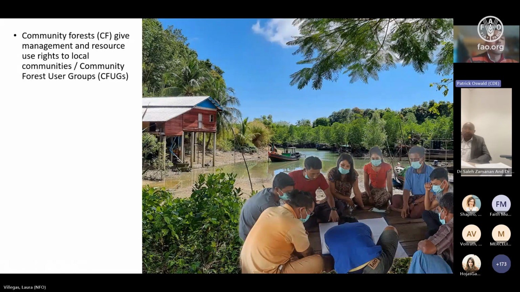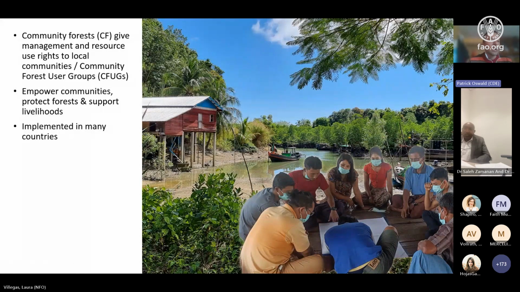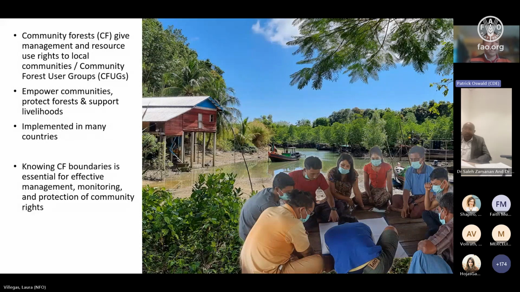So basically, for those who don't know what community forests are, community forests in a nutshell are an instrument where local communities are granted resource use rights and management rights over the local forest areas. Community forests have been proven to be a highly effective way to empower communities, protect forests, especially also mangroves, and sustain livelihoods.